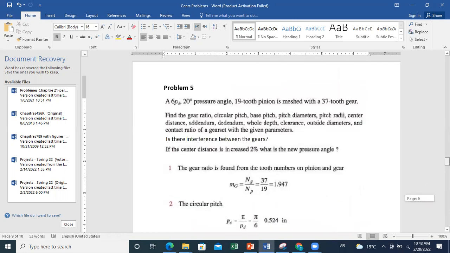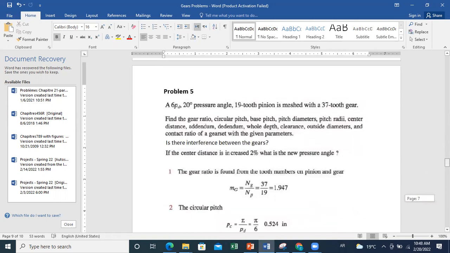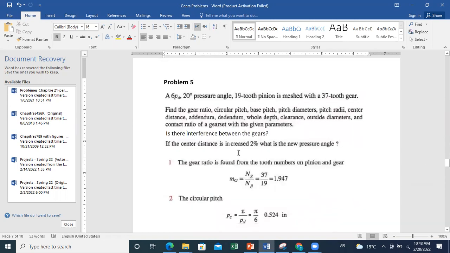Now, finally, I asked you, if the center distance is increased 2%, what is the new pressure angle? In general, what I want you to know is that when we manufacture a gear, we manufacture it based on a certain idea about how we want to do the assembly. In general, we know we want to have a certain distance. It's given.